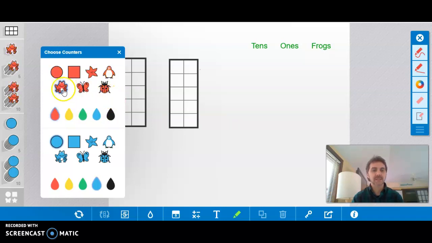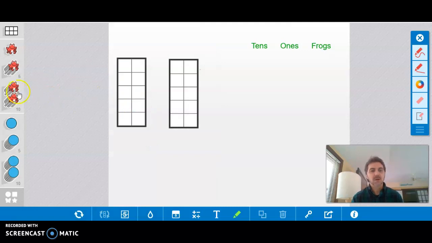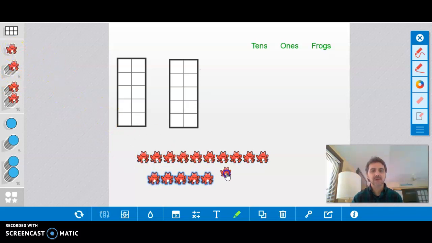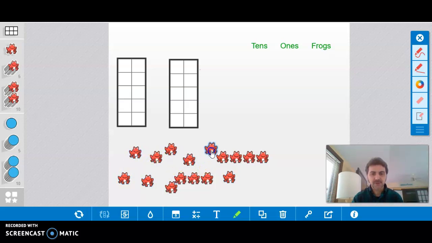I know that's very silly because there are no red frogs, but we'll just go with it today. Let's say I have a bunch of frogs, and these frogs are jumping around. They're not getting too close to each other, of course, because of the coronavirus, right?